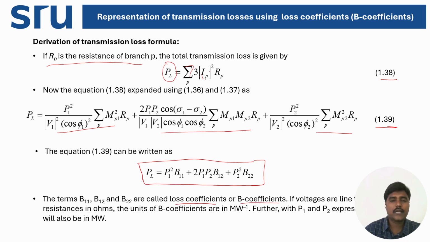If voltages are line voltages and resistances are expressed in ohms, then the units of B coefficients are megawatt inverse, and P1, P2 are expressed in megawatt.